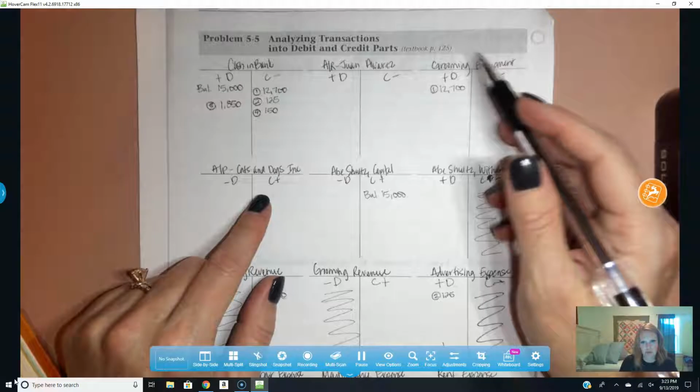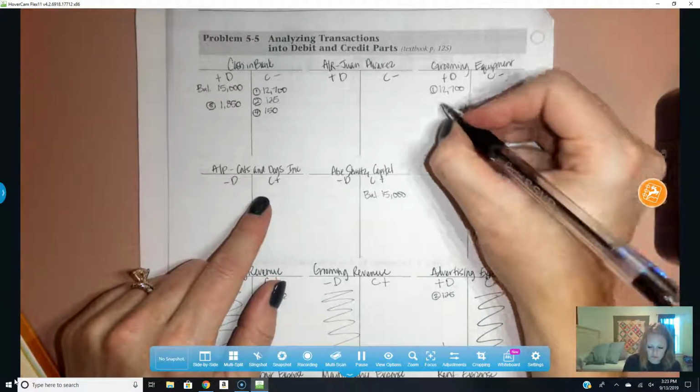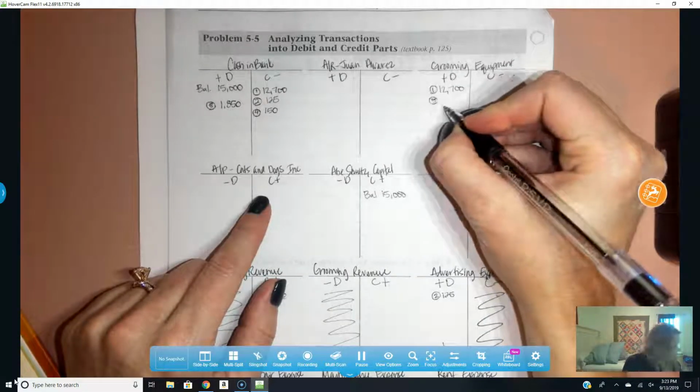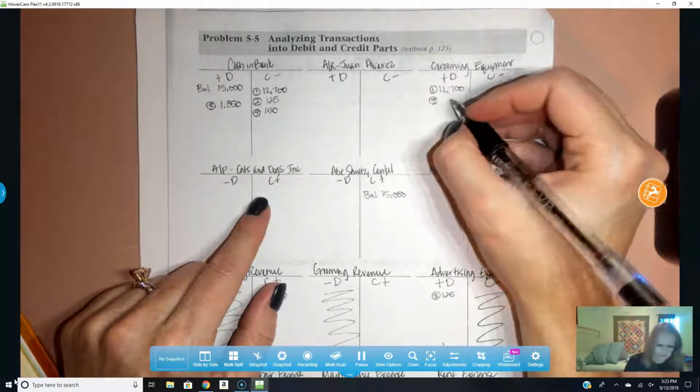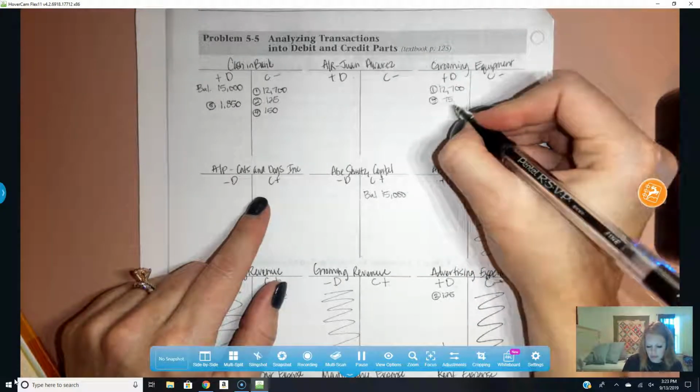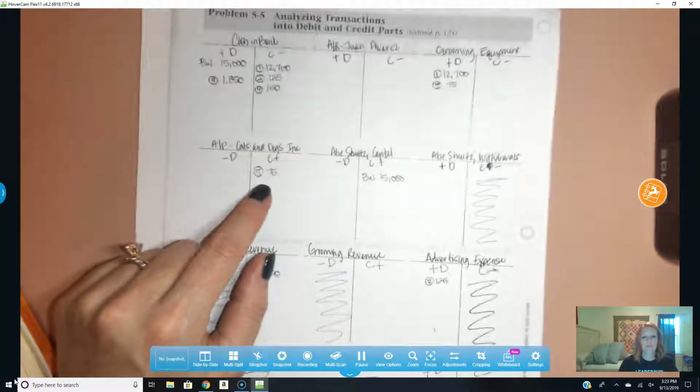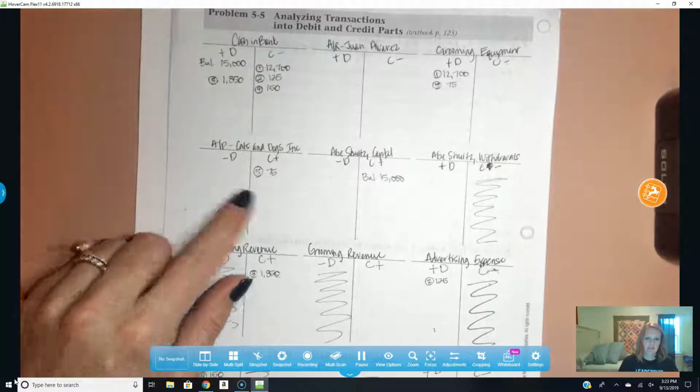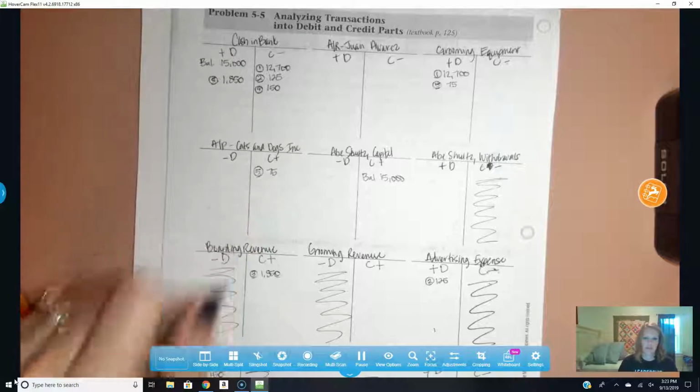So I would put that under grooming equipment. So our grooming equipment is increasing by $75, and we still owe Cats and Dogs $75, so that goes into that credit side, showing, hey, we owe them money. And again, if we pay them, we would decrease that account, showing we owe them less.